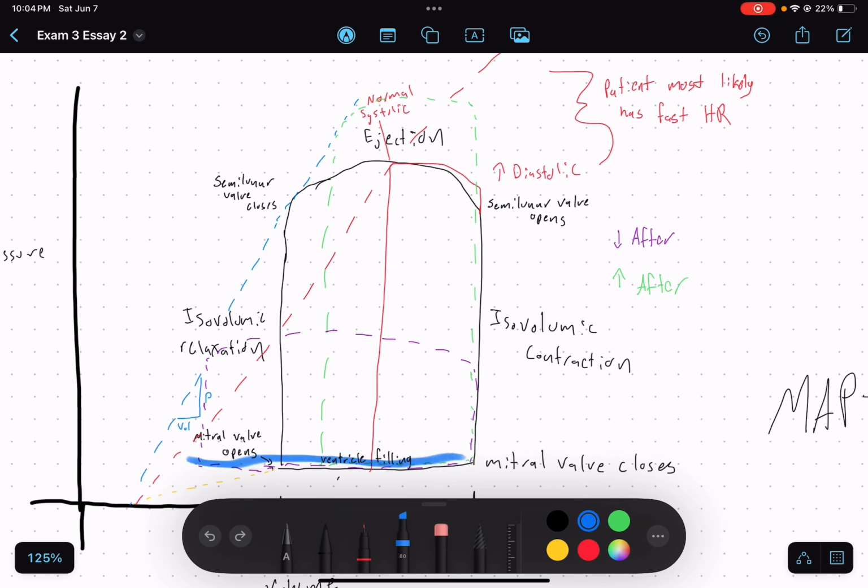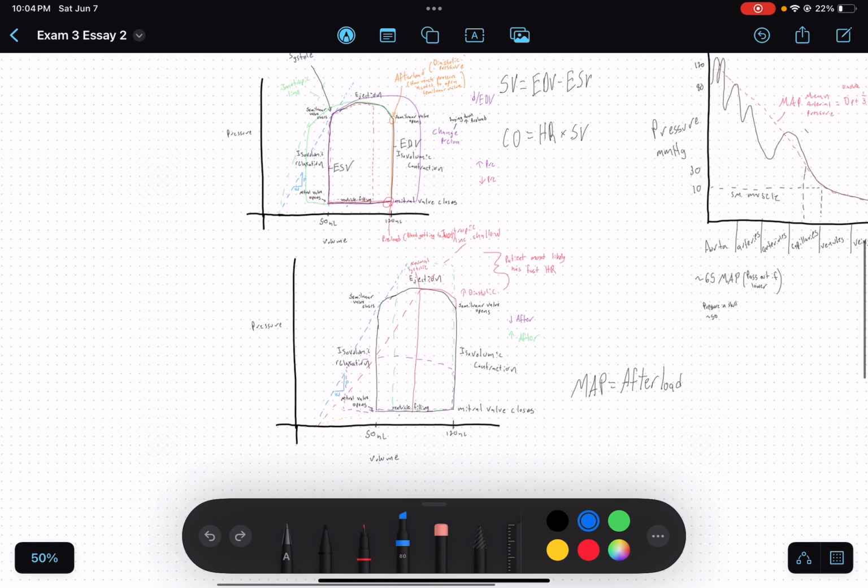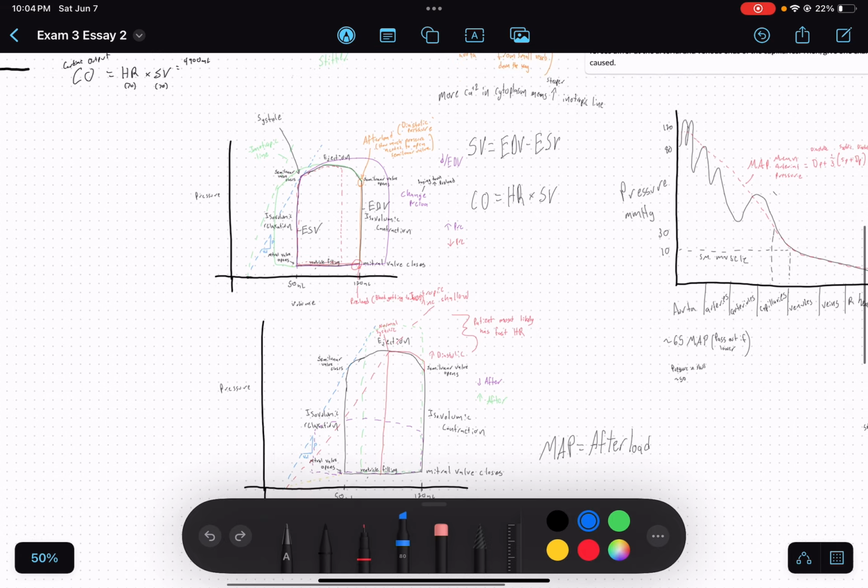And if we decrease our afterload, it's going to increase our volume. So they're inversely related, as we see right there. Talked a little bit about that and how the heart is moving there.